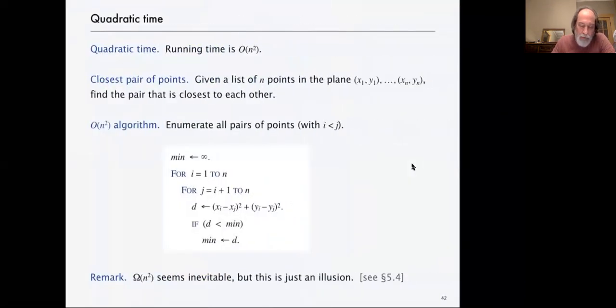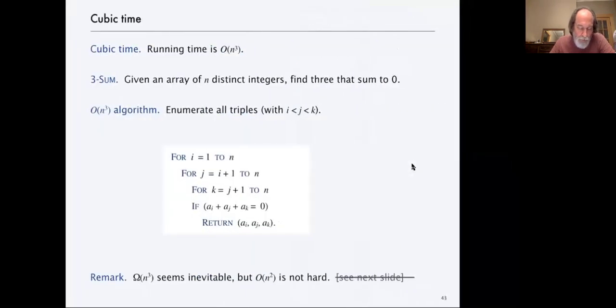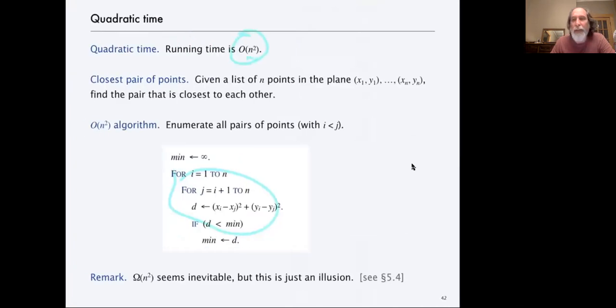Quadratic time means big O of n squared. So any kind of thing where you have two nested loops, each going over n elements. Gale-Shapley is the obvious one, which we've looked at a lot, except that the n is not the size of the input there.